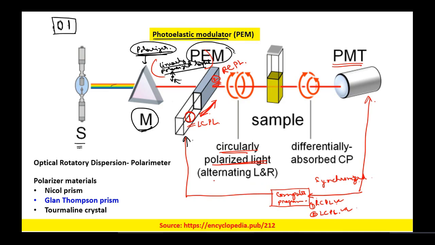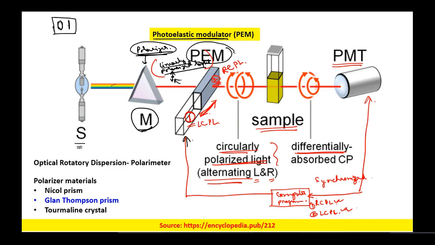And how do we get it? We get an alternating burst of left and right circularly polarized light. Then we have the sample. The sample absorbs the circularly polarized light, LCPL and RCPL, in a differential manner, so one is absorbed more than the other.